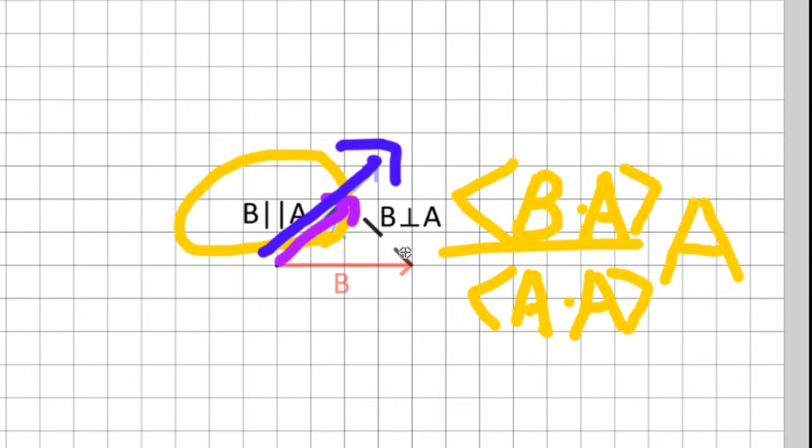You're basically finding the ratio between B and A, B divided by A. And once you find the ratio and multiply it by A itself, then you get the magnitude, the ratio times the actual magnitude and direction of B projected onto A.